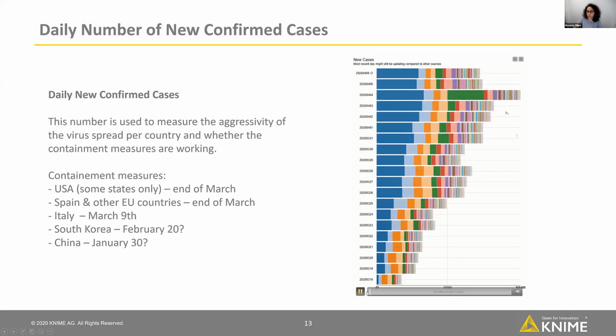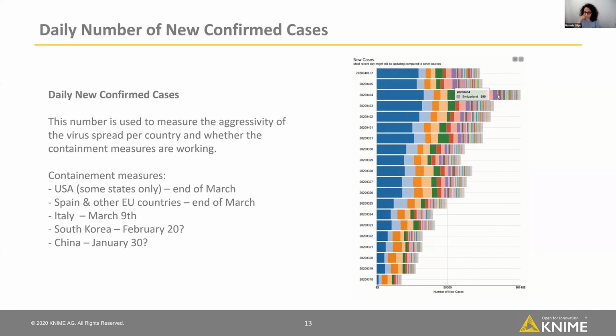For example, you can see Germany, and then you can see France. They are also countries where the daily number of new confirmed cases has been increasing in the last few days, right? Right, and this is France. France on the 4th of April had a big jump in the number of confirmed cases.